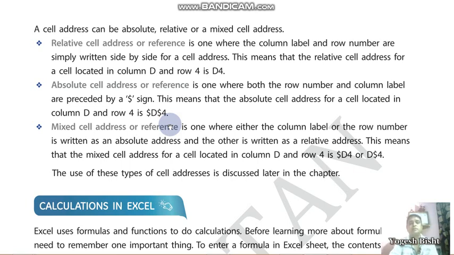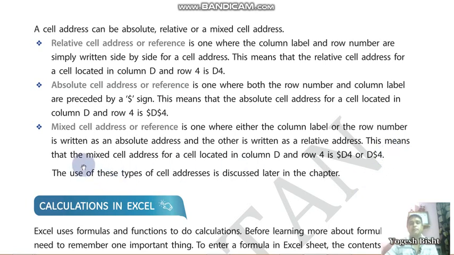Then we have a mixed cell reference. Now a mixed cell reference would be the mixture of relative cell reference and absolute cell reference. It is one where either the column label or the row number is written as an absolute address and the other is written as a relative address. So one portion of a cell address would be relative and the other would be absolute.